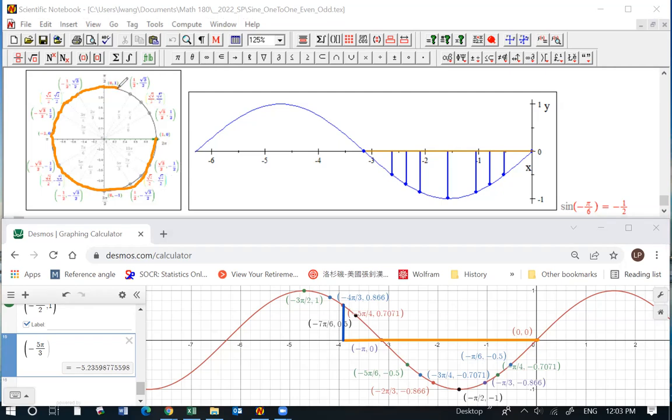This is -5π/3, okay? And what is the ratio? The ratio is √3/2, the blue number, okay? √3/2. There we go. This time I did not make a terrible mistake.